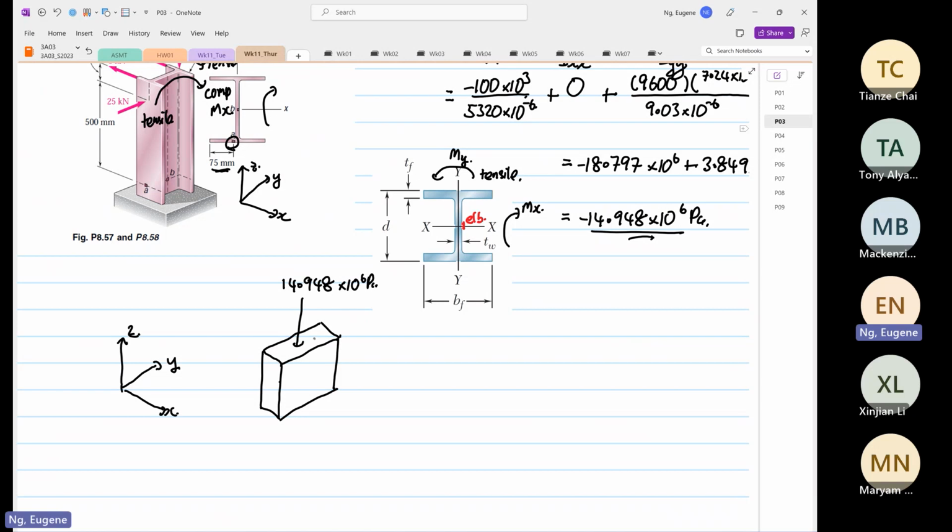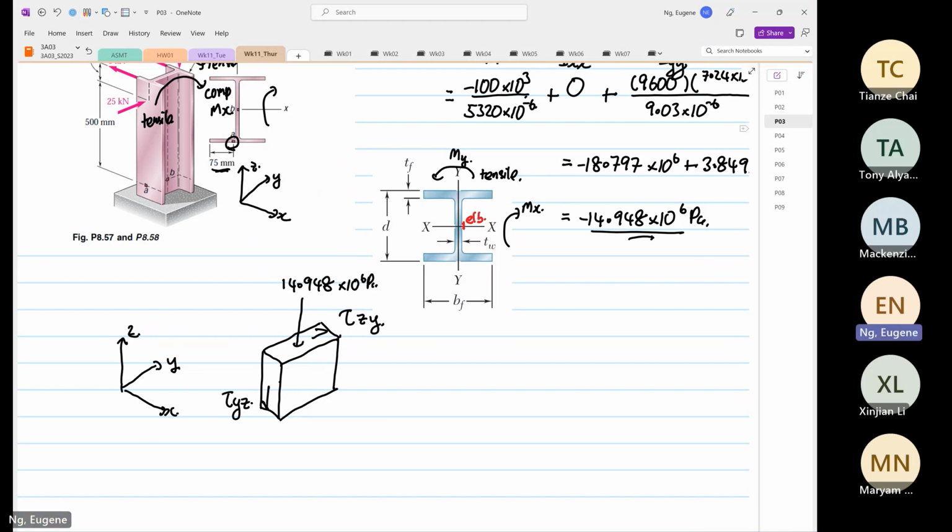The next thing we're going to do is find the shear. So this is shear, the intersecting plane is Z, and this is y, and this is shear yz. Different now, okay?